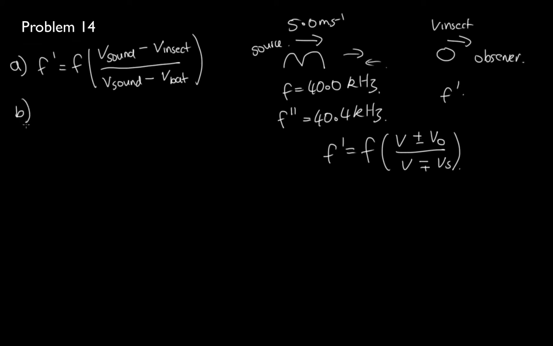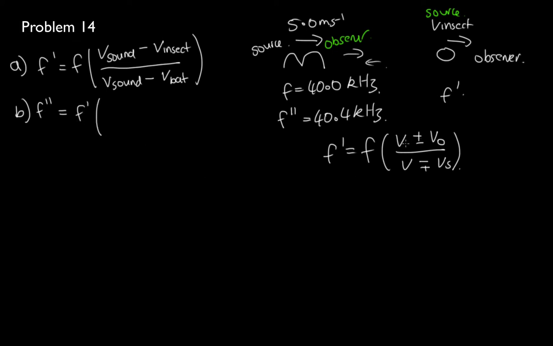Now in part B, it says write an expression for the frequency detected by the bat, F double dash, when it's reflected off the insect. So what we need to do now is consider the insect as the source, as it's providing the reflection, and the bat is now the observer, as it's detecting the signal. And so we have F double dash, which is the frequency detected by the bat, is the frequency emitted by the source, which is this F dash.